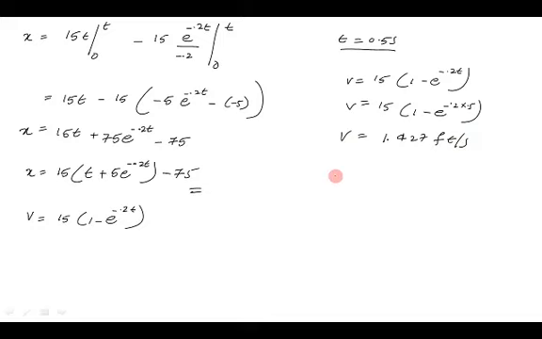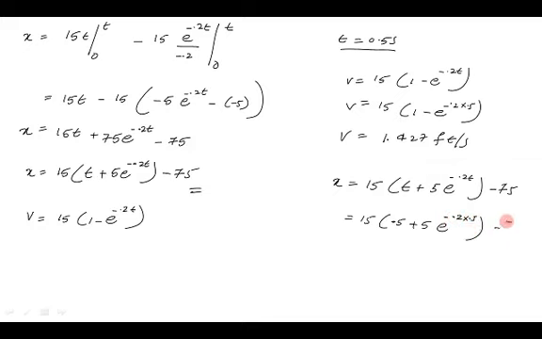Now the distance: we have x = 15 into (t plus 5 times e to the power minus 0.2t) minus 75. On substituting t = 0.5, this is 15 into (0.5 plus 5 into e to the power minus 0.2 into 0.5) minus 75.